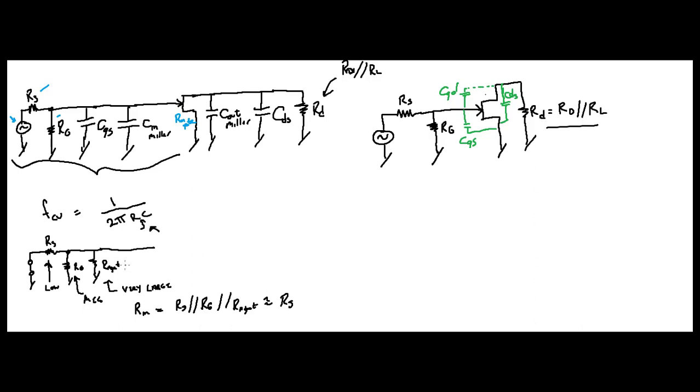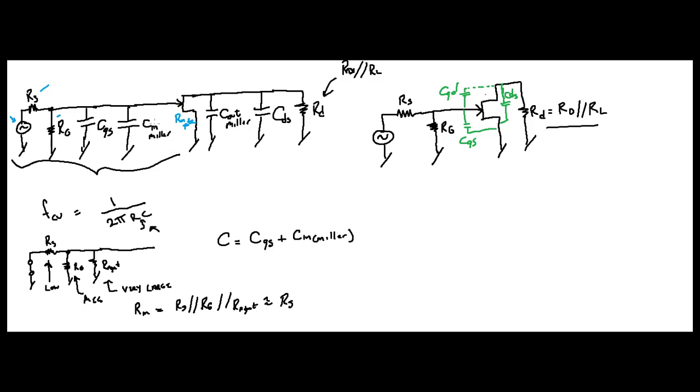Now the next step is to determine your capacitance, right? What's your C going to be? Well, the capacitance for this is simply going to be your CGS, your gate source capacitance, plus your C in Miller.